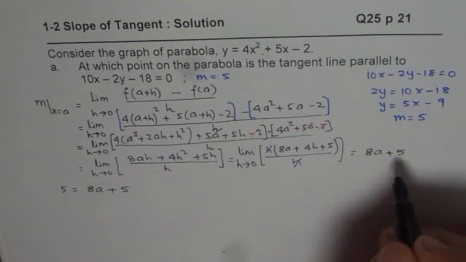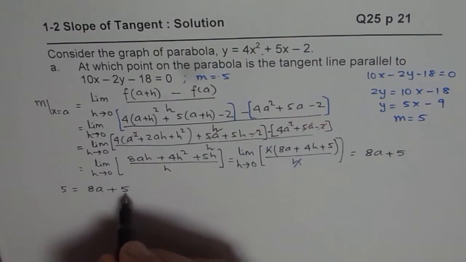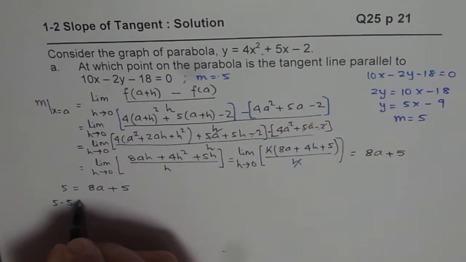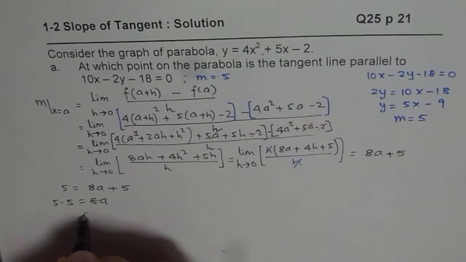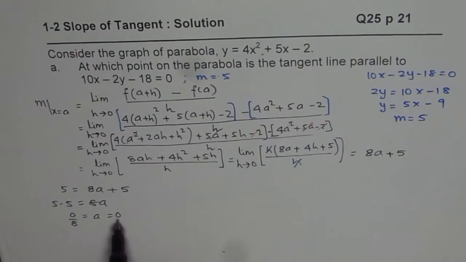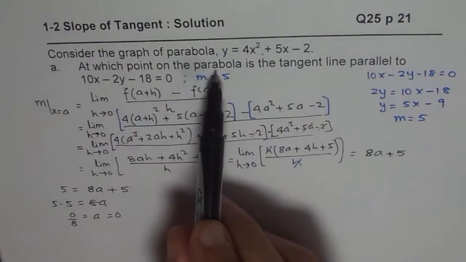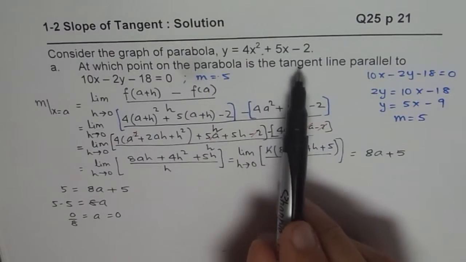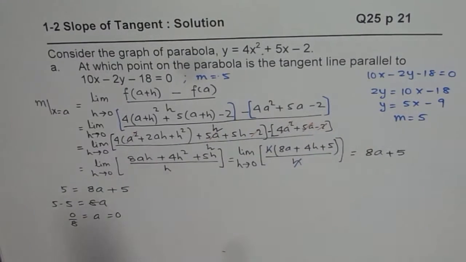We can now simplify it. So 5 take away 5 is equal to 8a, or 0 divided by 8, which is 0. So a is 0 for us. So at a equals 0, the parabola will have a tangent whose slope will be 5. That is what the question is.